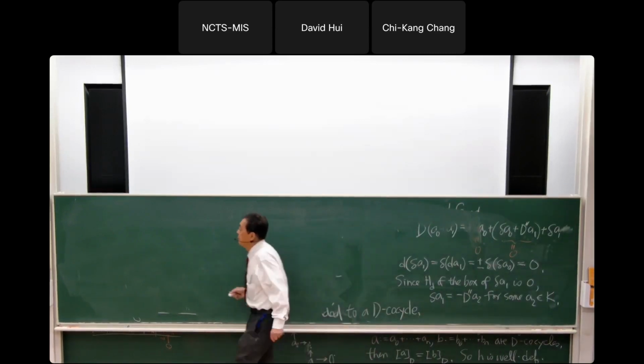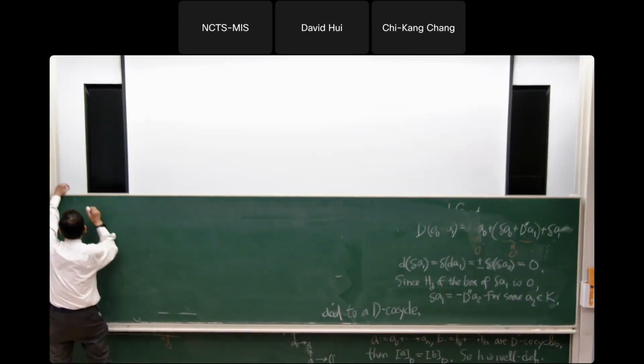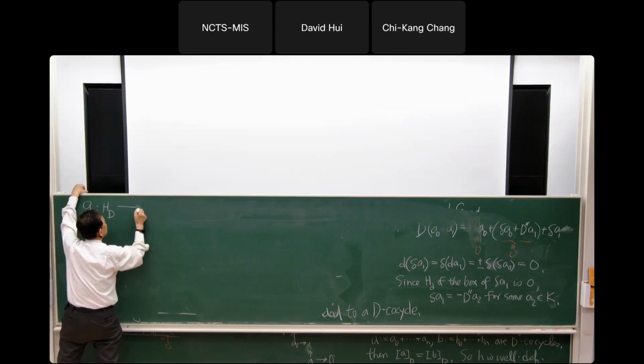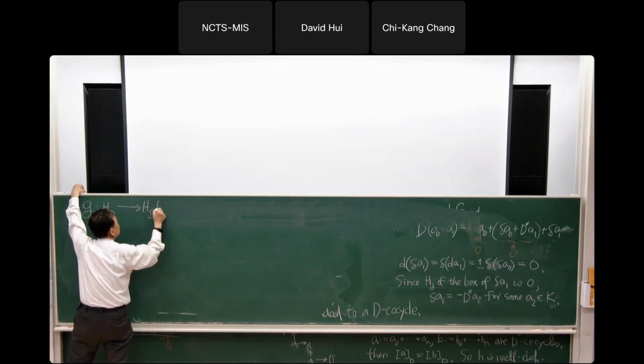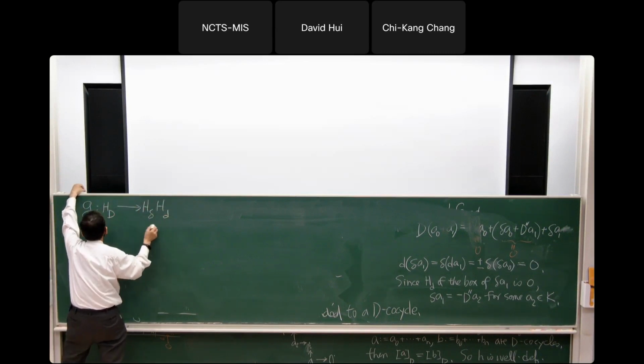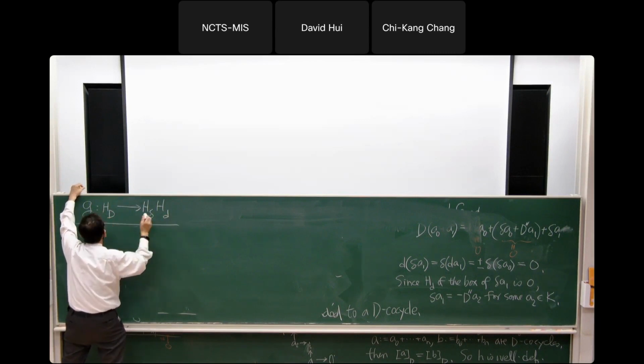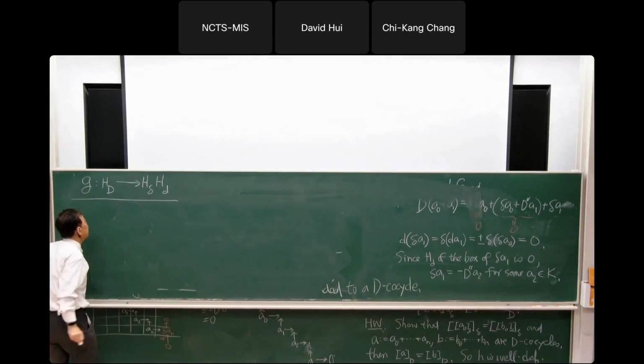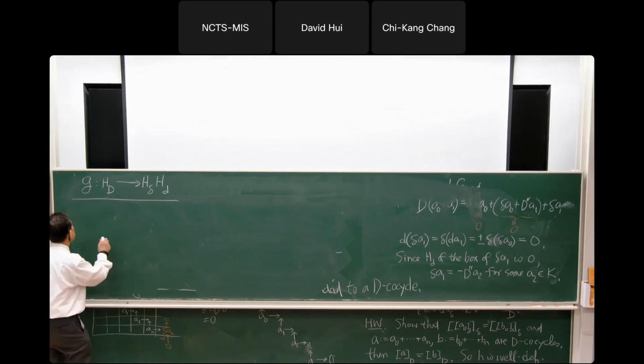Okay, now I want to define G from HD to H delta HD. So I'm going to start with an element of HD, big D. It could be anywhere.